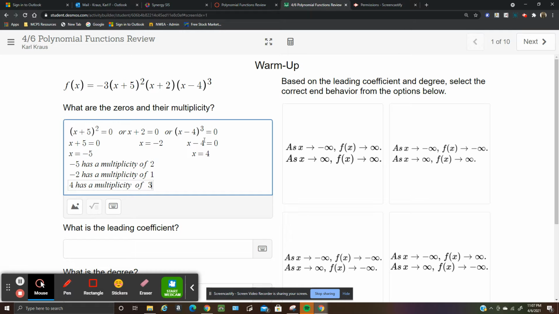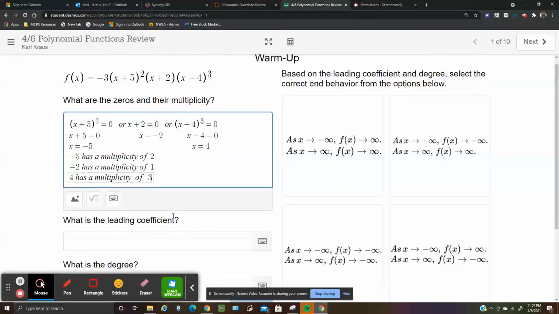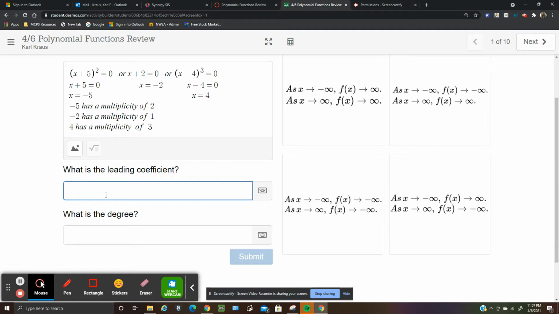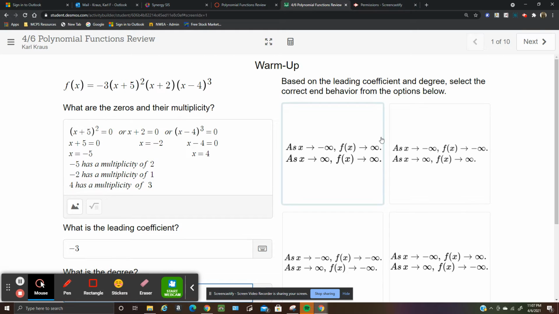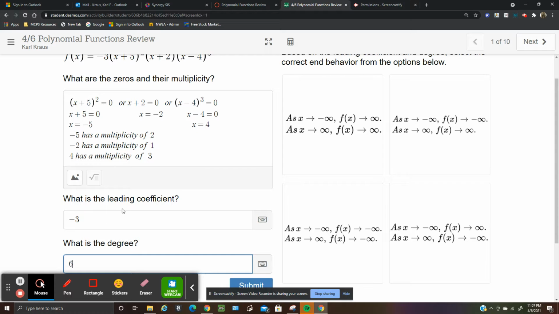And that's also the degree of the equation. The leading coefficient is negative 3. The degree is 6. You're adding all the exponents together there. And based on leading coefficient and the degree, so negative and even, then both ends would go down.